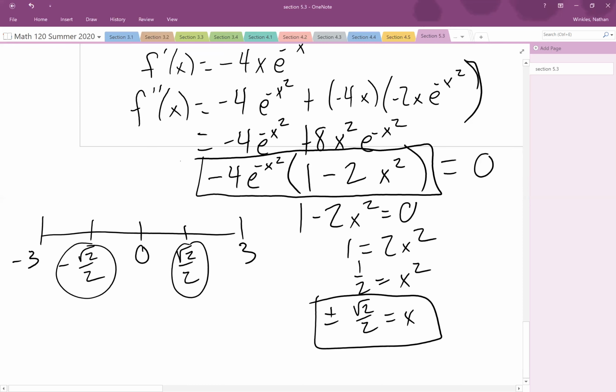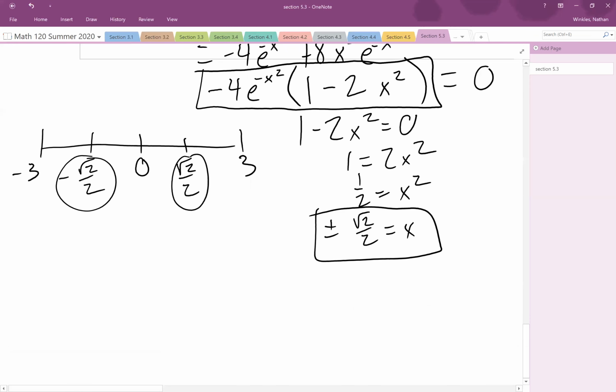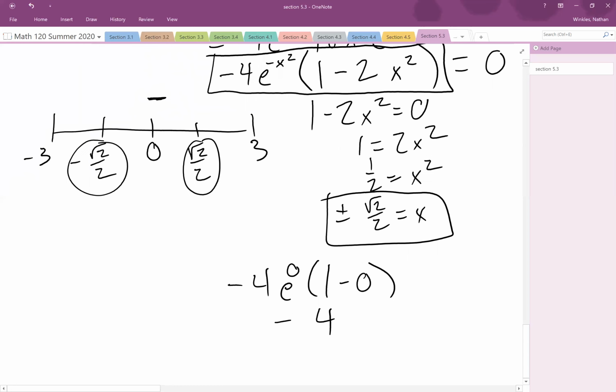When you plug in 0, you get minus 4e to the 0, 1 minus 0. So you get negative 4. So now when we plug in 3 and negative 3, you would get minus 4e to the negative 9th, 1 minus 2 times 9.